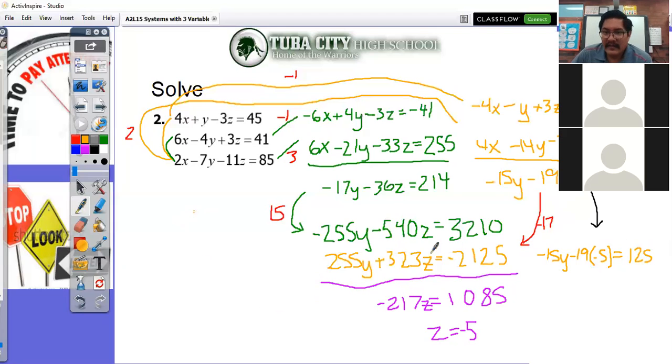And let's go ahead and start evaluating it. So 19 times negative 5. I'm pretty sure I know what it is, but I'm not going to risk it. So let's see, that'd be positive 95. Yep, that's right. Equals 125. And now I'm going to have to do a little bit of work on here, minus 95 on both sides.